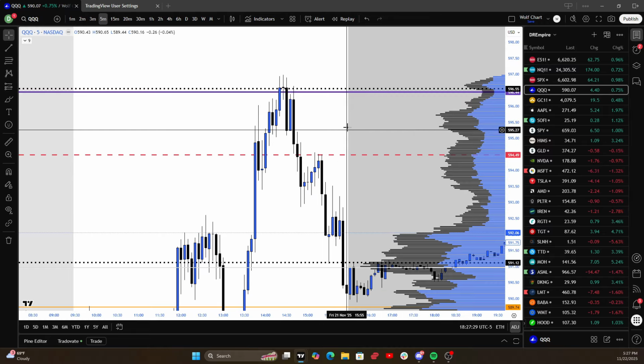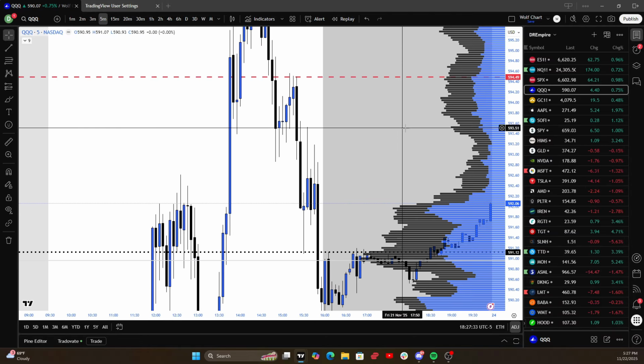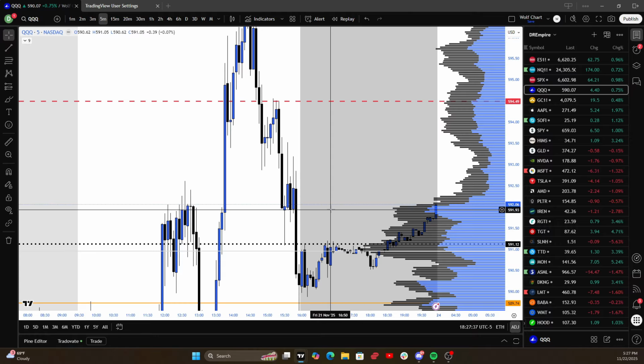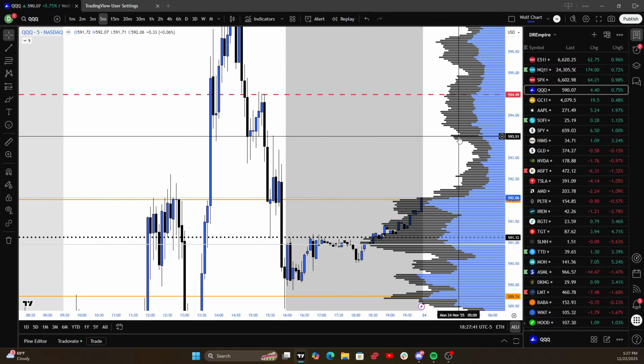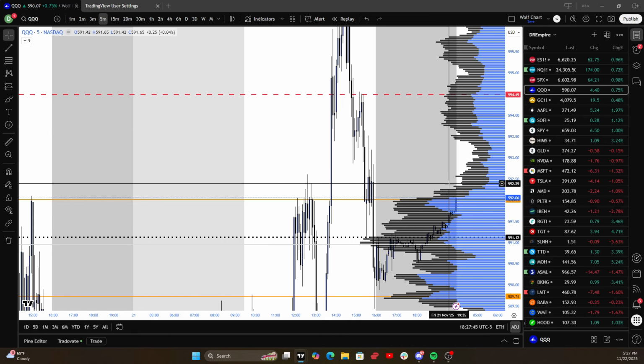I have way more than this, but while I was in the trade, I was saying that we didn't have much volume until 592. If you look at this VRVP, there's not a lot of volume in this zone.